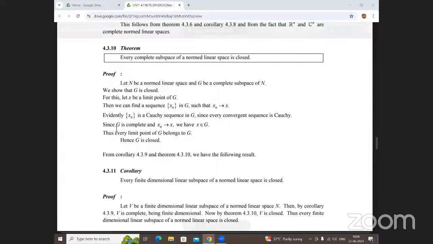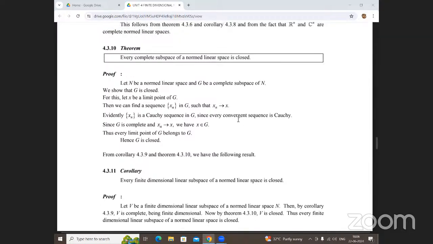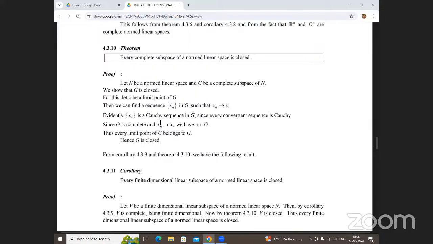So capital G is a complete subspace. Through the statement that every convergent sequence is Cauchy, when capital G is complete, Xn converges to X. Here X is the limit point of the complete subspace, so every limit point of capital G belongs to capital G. Thus a complete subspace of an NLS, a normed linear space, is closed.